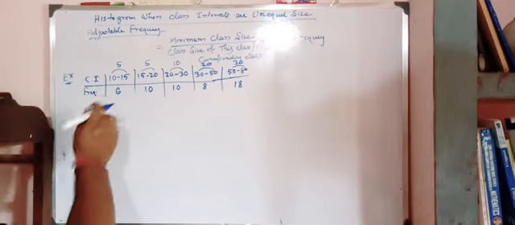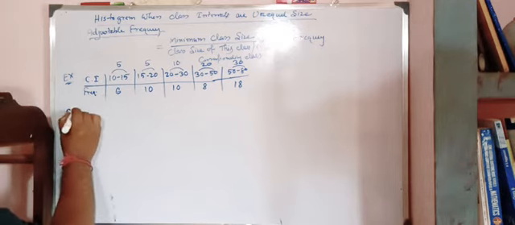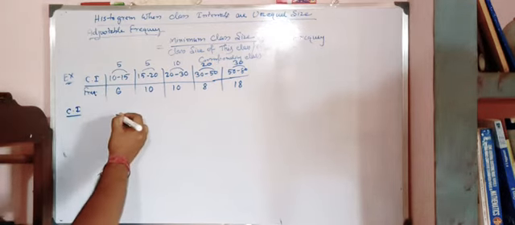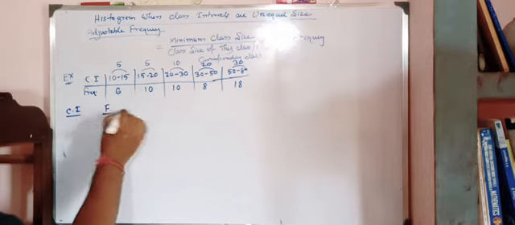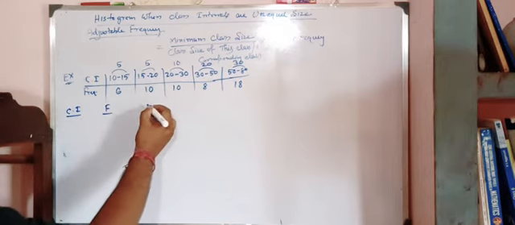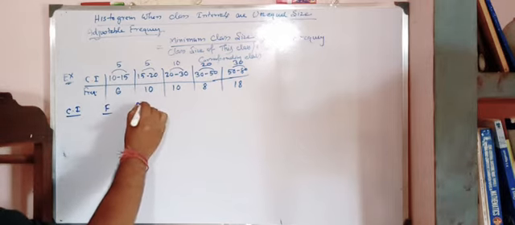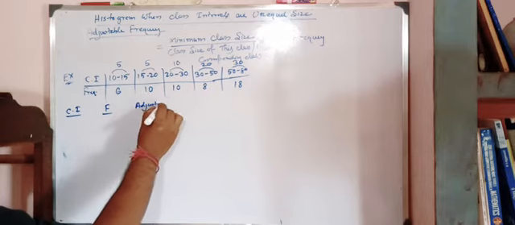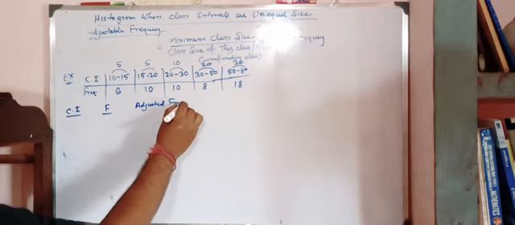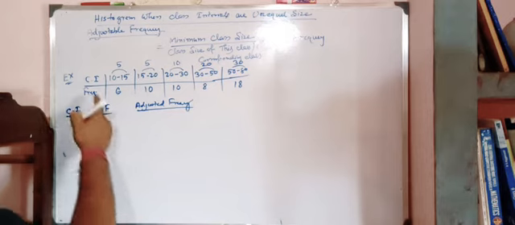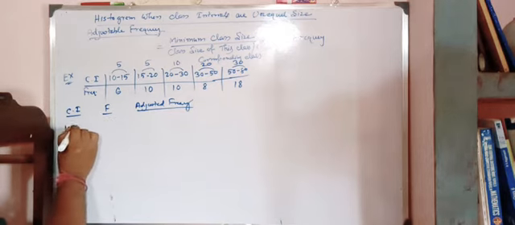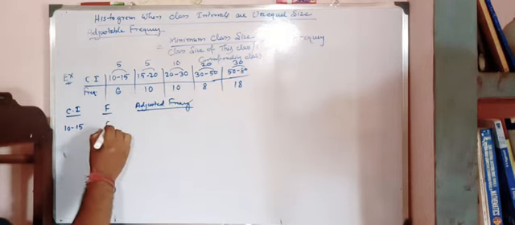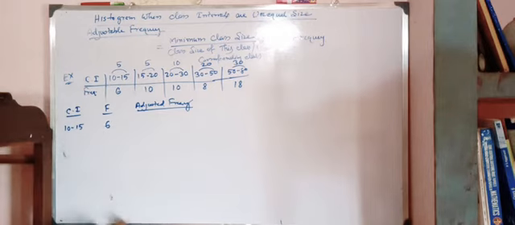First the class interval, next the frequency, next the adjusted frequency. Class interval 10 to 15, frequency 6. Now the adjusted frequency.